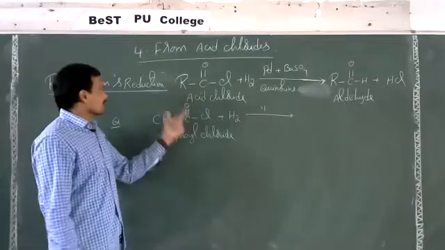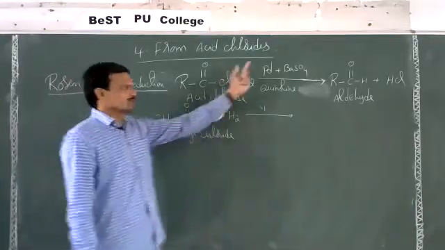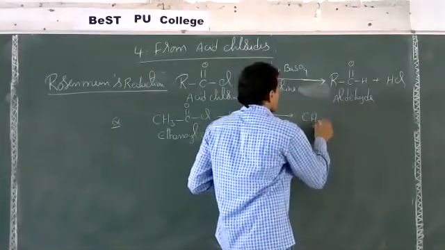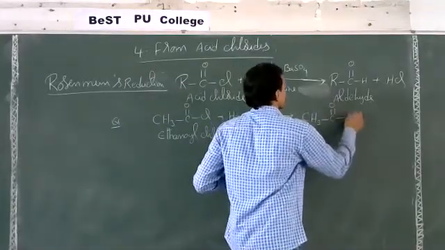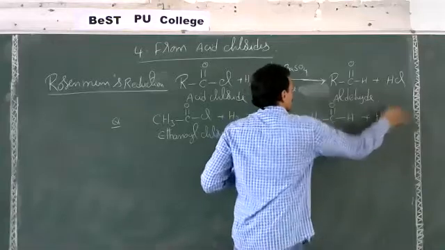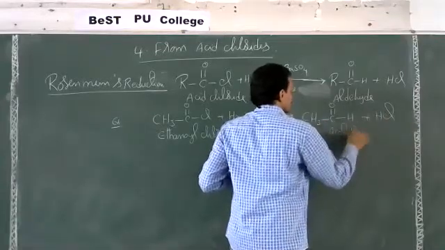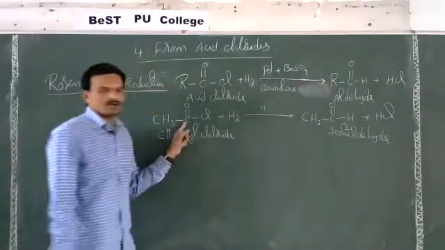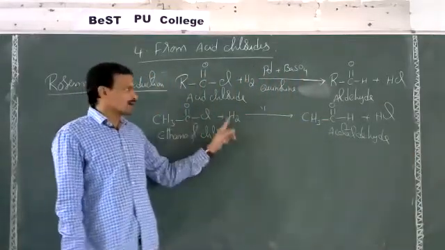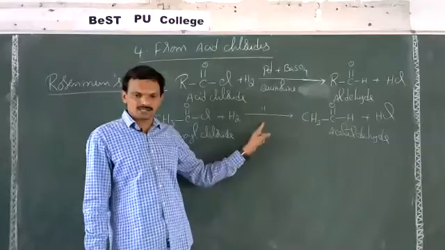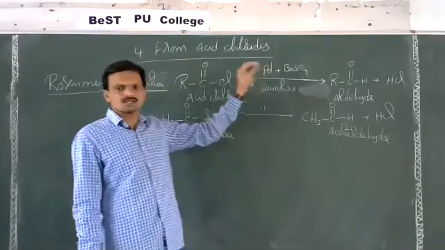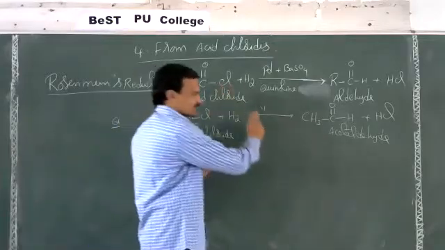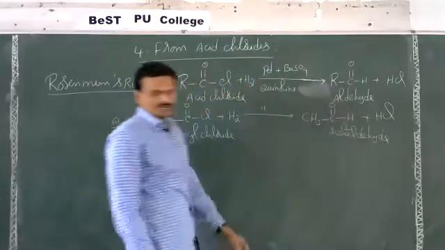So reduction of acetyl chloride in the presence of palladium and barium sulfate gives CH3CHO plus HCl. It gives acetaldehyde. Acetyl chloride or ethanoyl chloride on reduction in the presence of Lindlar's catalyst. This mixture is called Lindlar's catalyst. So reduction of acetyl chloride in the presence of Lindlar's catalyst can give acetaldehyde.